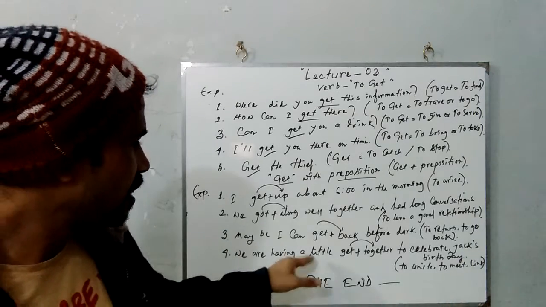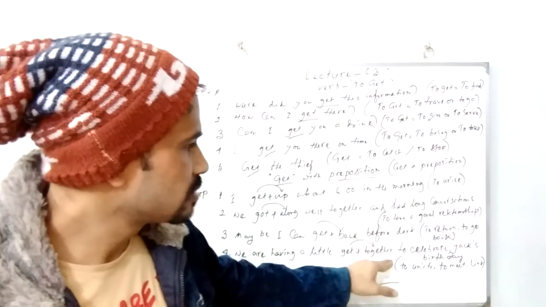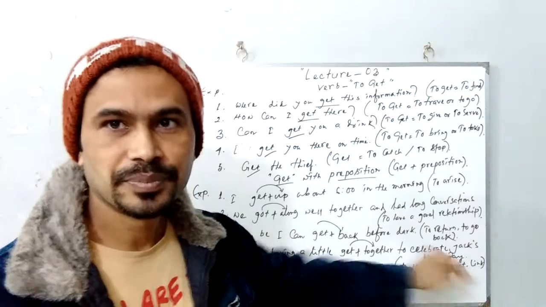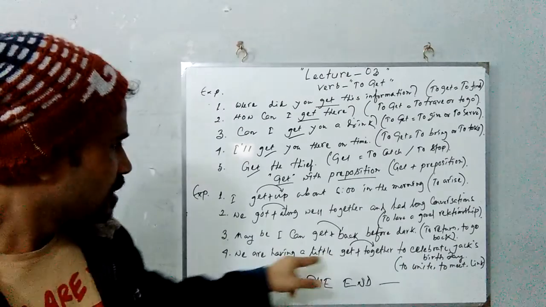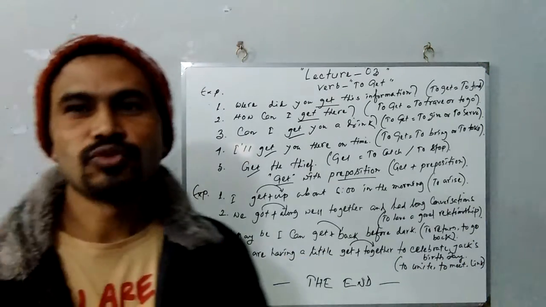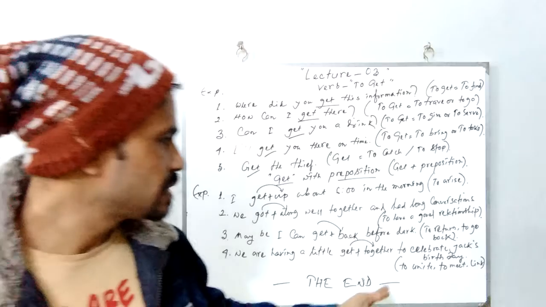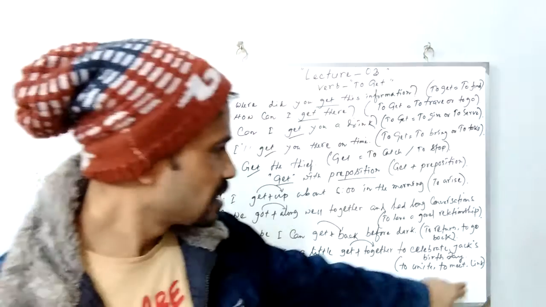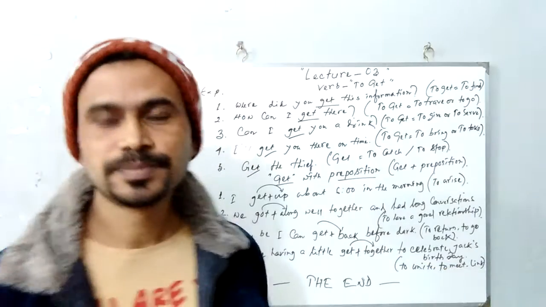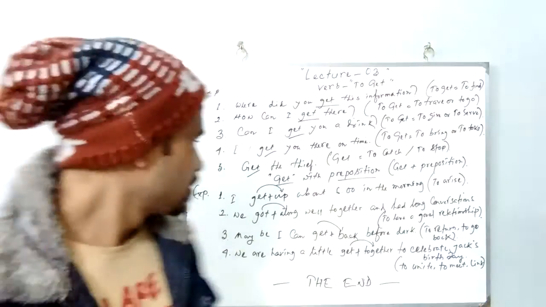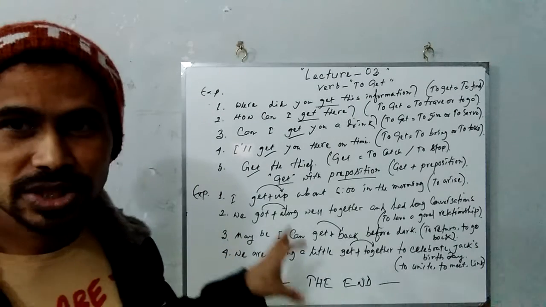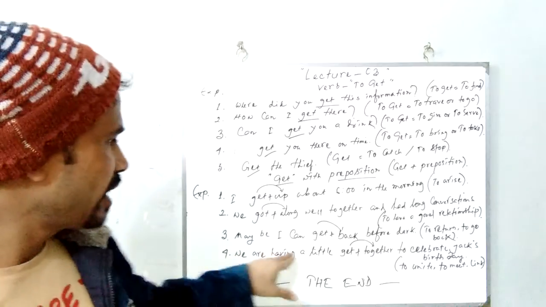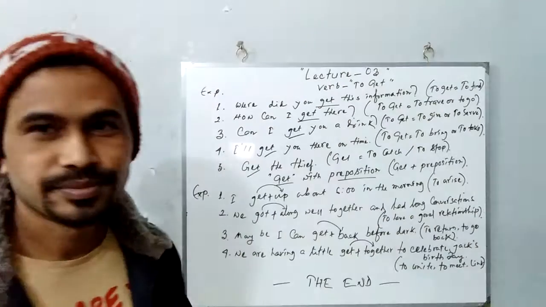We are having a little get together to celebrate Jack's birthday. So get together means what? Get together means to unite, to meet or link. I would like to say this sentence again. We are having a little get together.